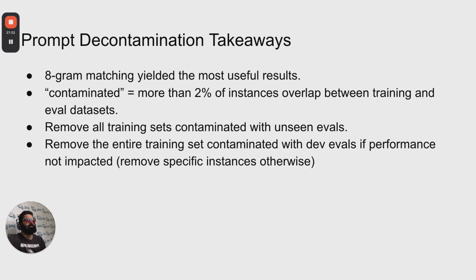So more than 2% of the instances in the dataset have that 8-gram match between training and eval datasets. If a dataset is contaminated with unseen evals, they remove the entire set. If the dataset is contaminated with the development suite of evals, they remove the entire training set if the performance is not impacted. If the performance is impacted, then they only remove the specific instances that are contaminated.